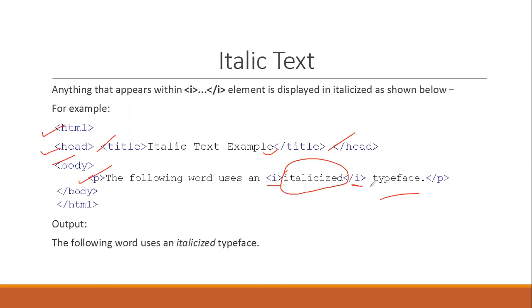So italicized will be in I, italic. See over here in the example, the italics will be italic. So now moving further, using Visual Studio Code.